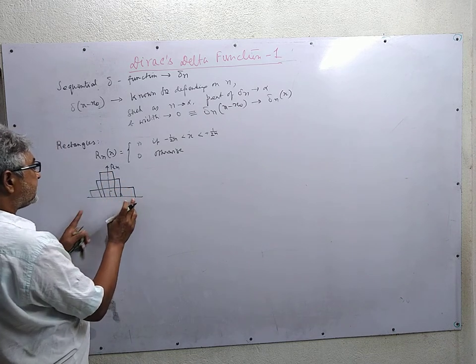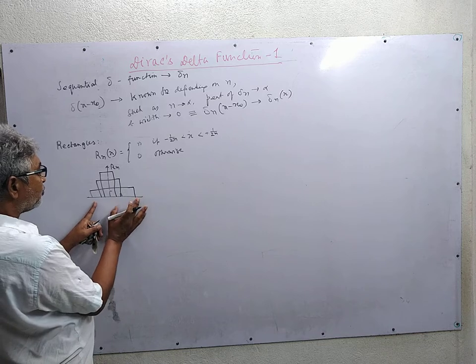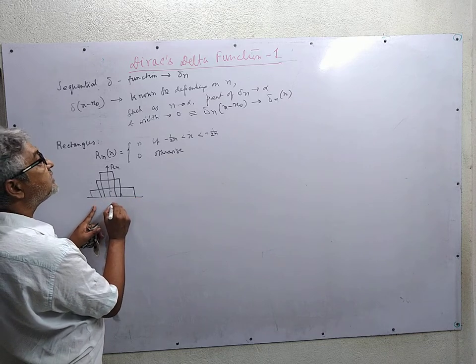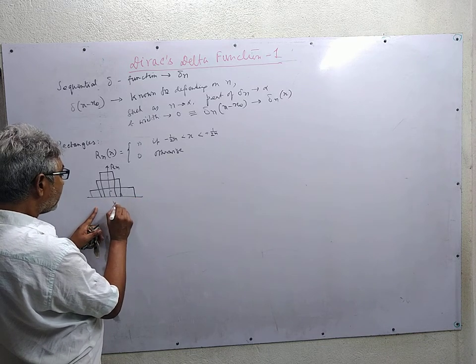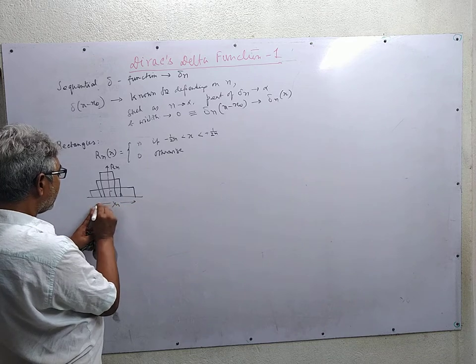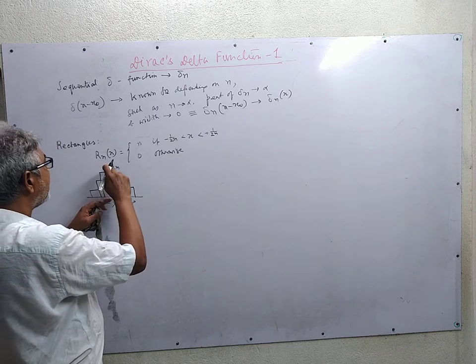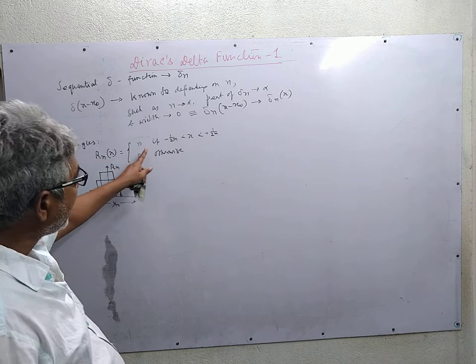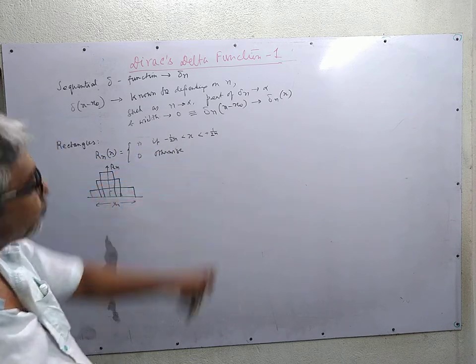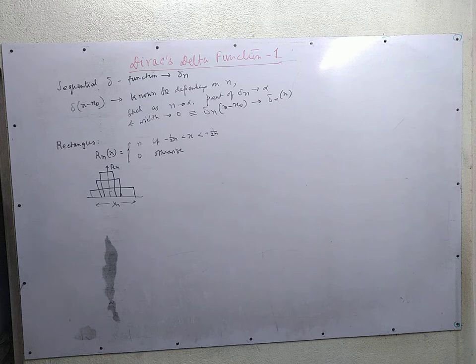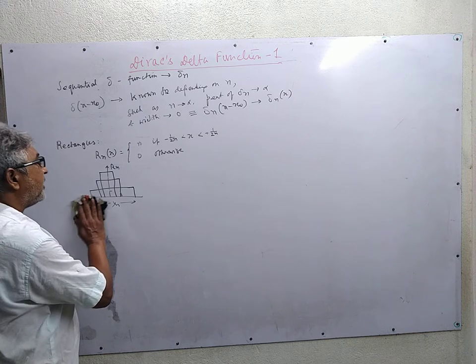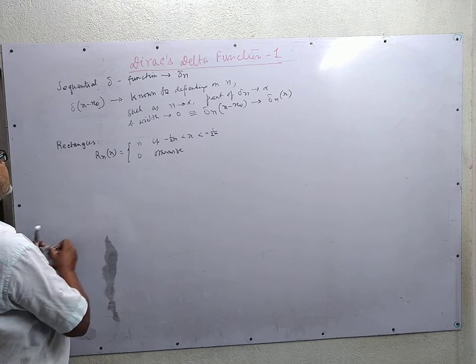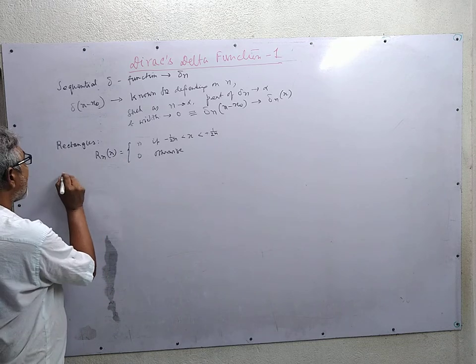As n increases, this width, 1 upon n, goes to 0 and the height of the peak value increases, so that the area under the curve is always 1. This is one representation of the delta function. There is another, isosceles triangles.